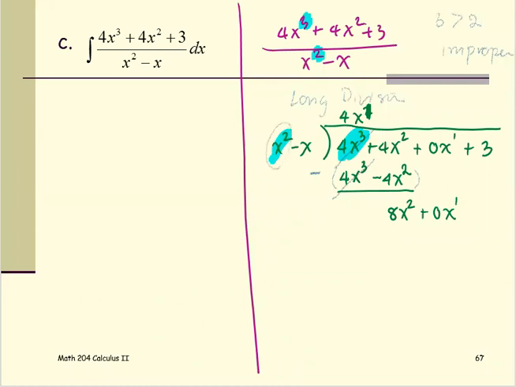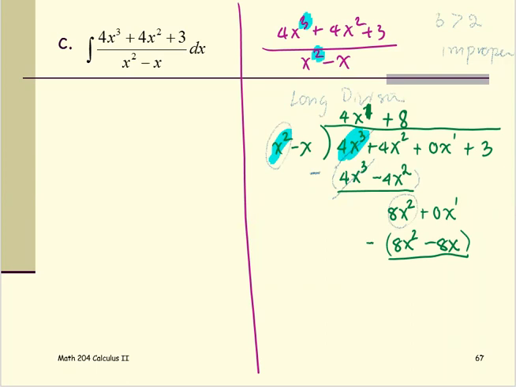How many times does x squared go into 8x squared? The result is 8 times. So 8 multiplied by x squared gives 8x squared, followed by multiplying 8 with the negative x. Draw the line, put it together, and then subtract from the previous row.